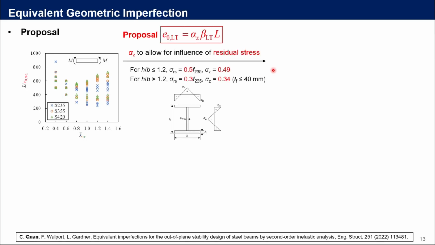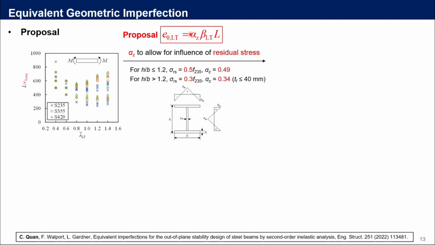To account for the residual stress influence in various cross sections, we proposed to incorporate the minor axis flexural buckling imperfection factor alpha z, which can be obtained from the Eurocode, into the determination of the proposed equivalent geometric imperfection.